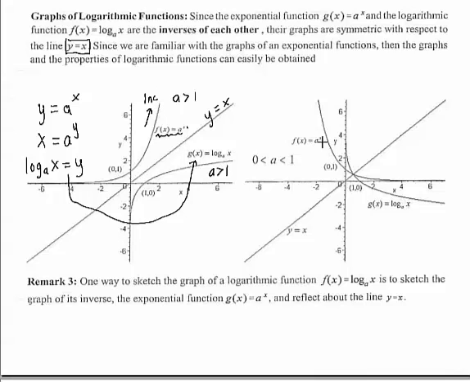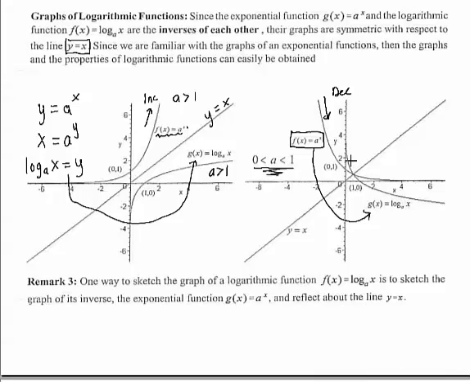Alright, over here we have the situation where a is less than 1 but still greater than 0. And so we see that our exponential decreases from left to right. And then if we take this exponential form of the equation and convert it into the inverse, we would get log base a of x.